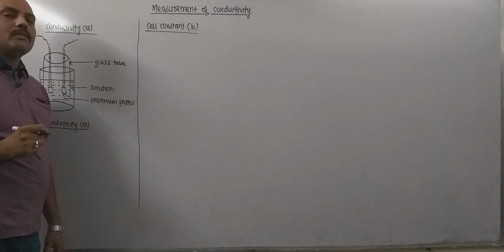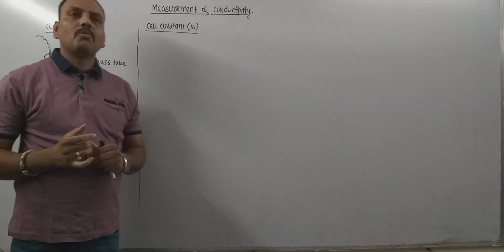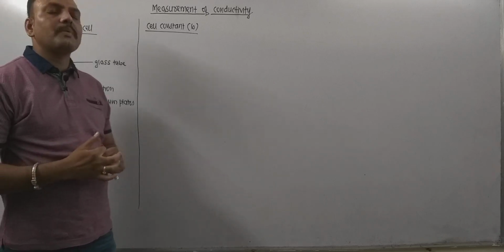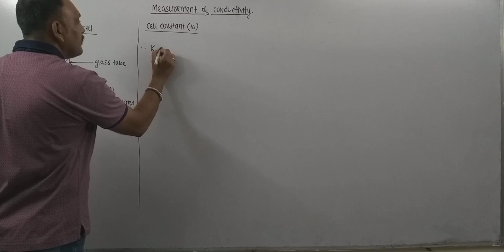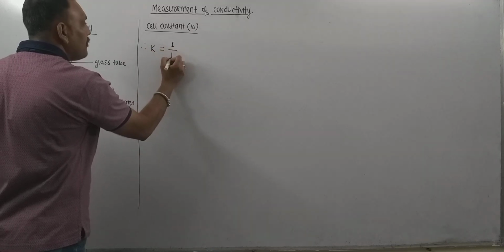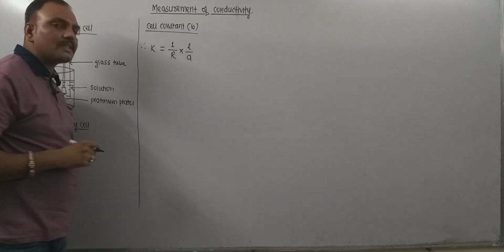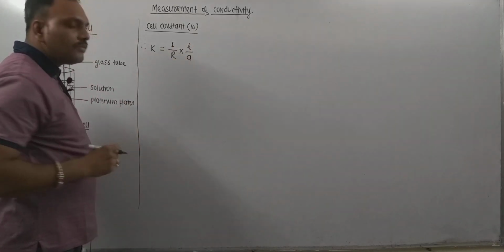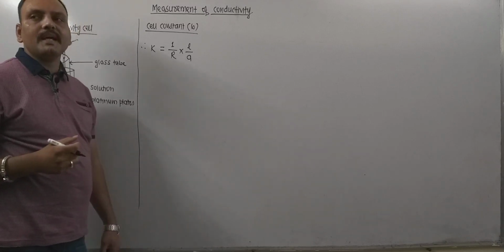Now remember, we know very well that the conductivity of an electrolyte solution can be determined experimentally, and conductivity is given as 1 by R into L by A, where R is resistance, L is the length of the conducting material, and A is the area of cross section.